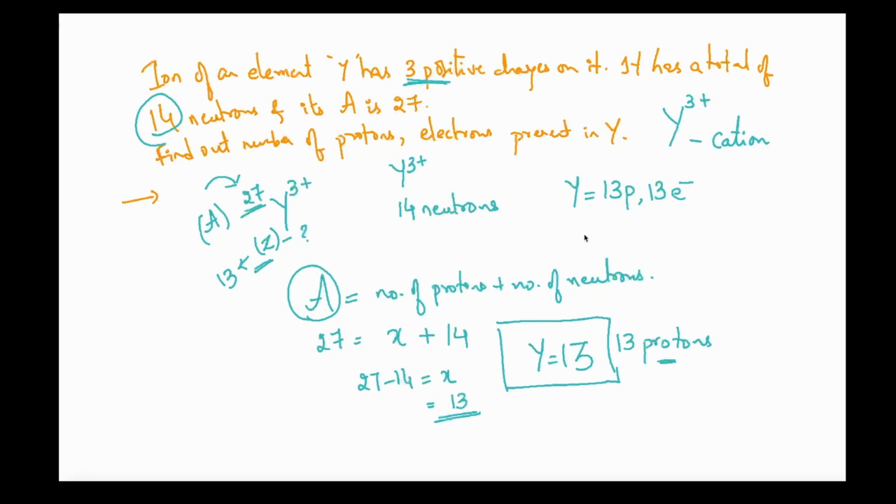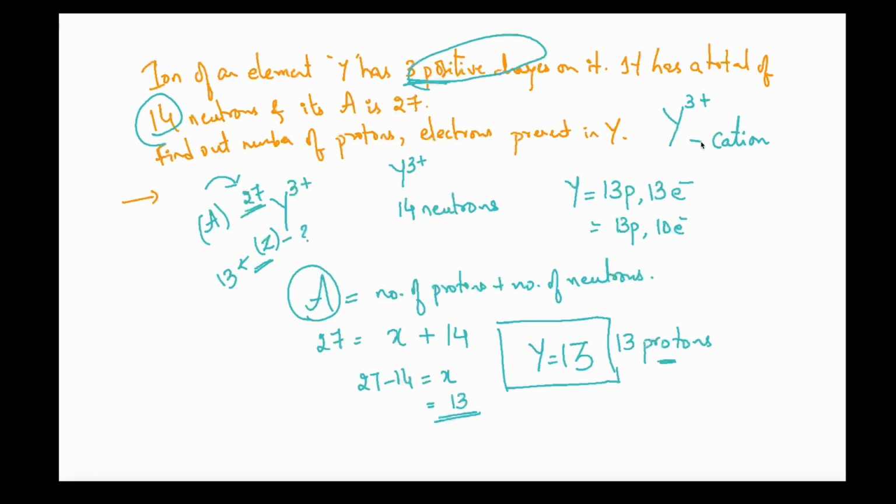But the question is already telling us that it is an ionic form with 3 positive charges, meaning it has lost 3 of its electrons. So this will have 13 protons but only 10 electrons, because this is the ionic form of that element and it has lost 3 electrons.